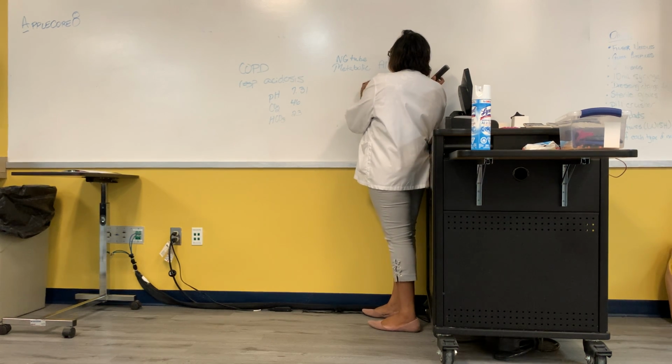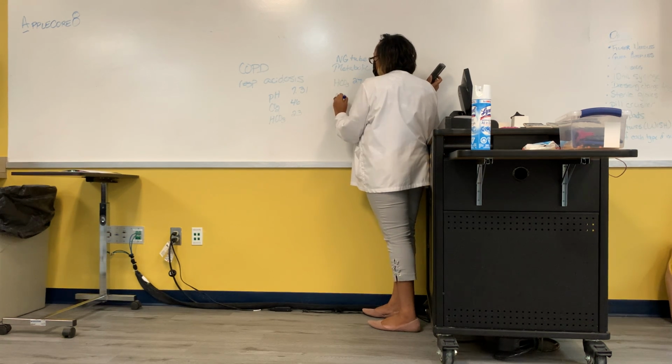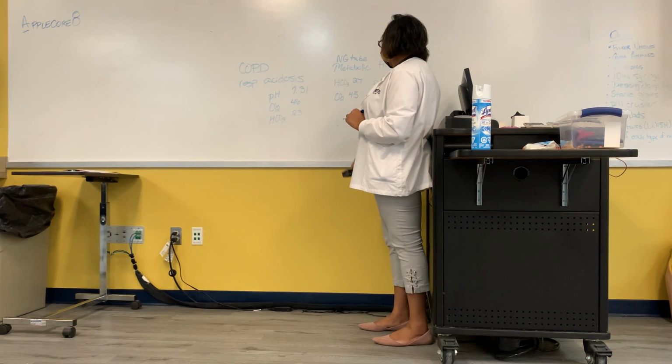What's your pH gonna look like? 7.47. And what is your HCO3 gonna look like? 27. And what is your CO2? 45. It's normal, cause it's 35 to 45.